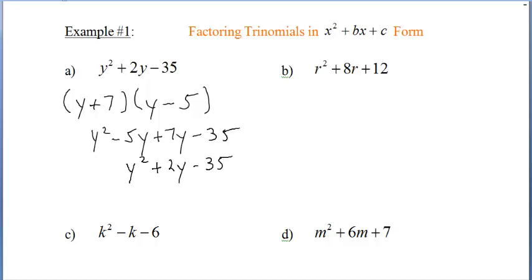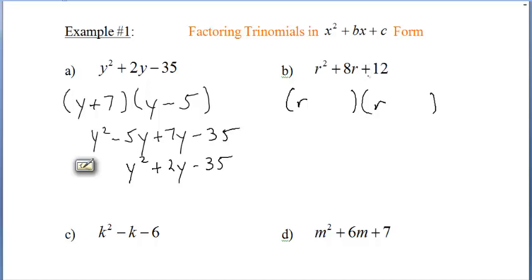Our next example, r squared plus 8r plus 12. Again, we look to see if anything divides into all of our terms. And the only thing that divides into all three is the value 1. So we go to our next step where we write our two groups of parentheses. Now we look at our last sign, and it's positive.